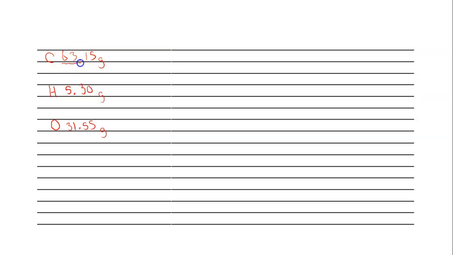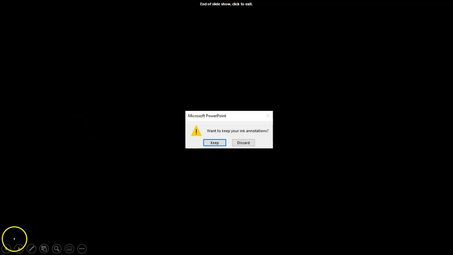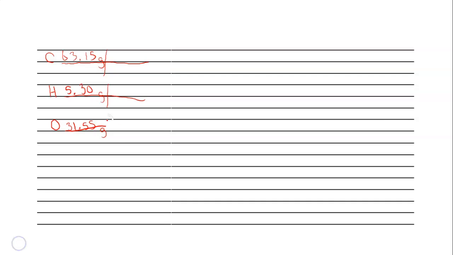Step 2 is mass to mole. I'm going to divide by those molar masses. Remember, we got those from the periodic table in the last example. You won't have to look it up each time because it's just going to be the same numbers for all those problems. Carbon, we said, was 12.01 grams to 1 mole of carbon.